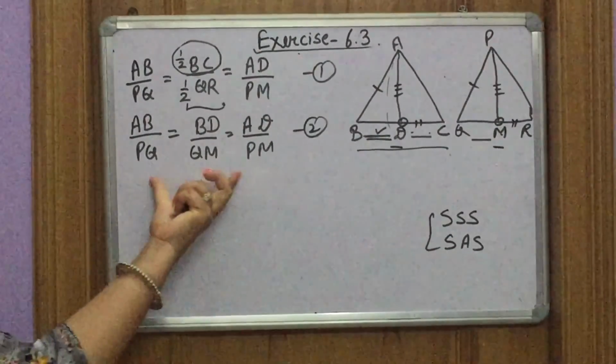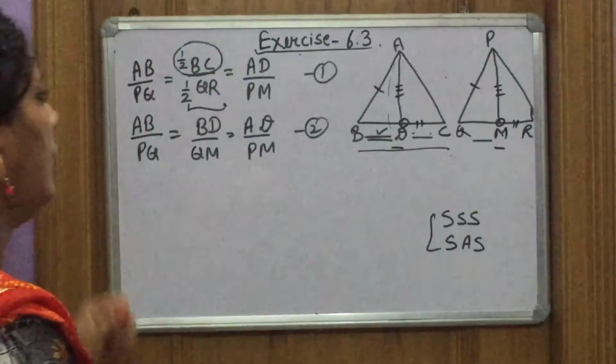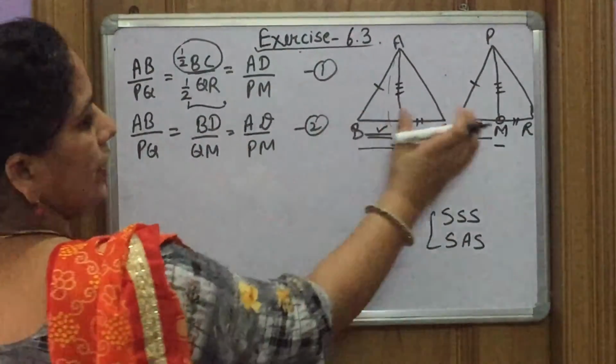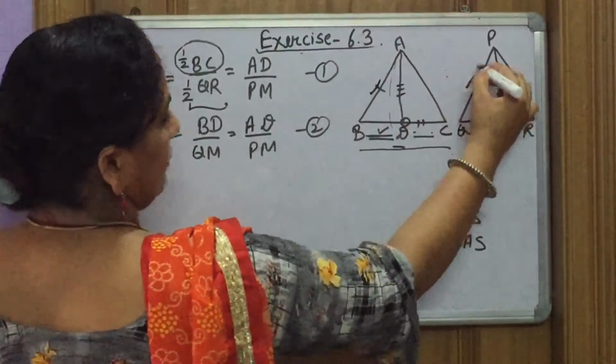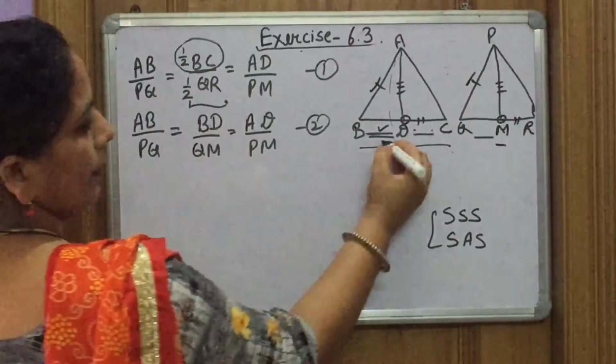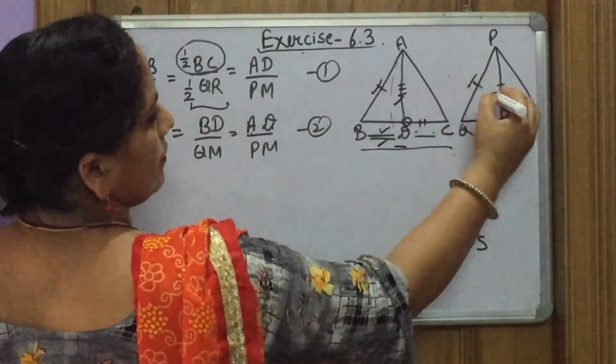Now check it out. How can we use this condition in the figure? AB by PQ means this one side, BD by QM means this one side, and AD by PM means this one side.